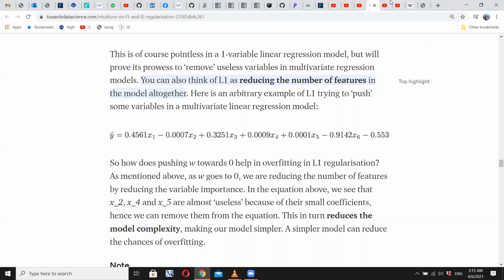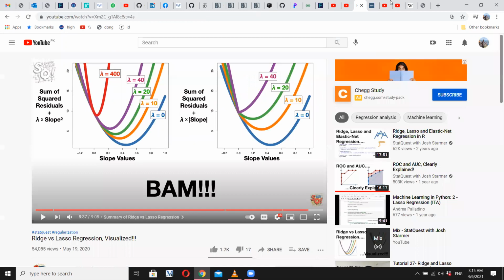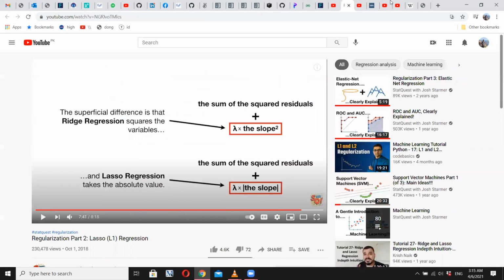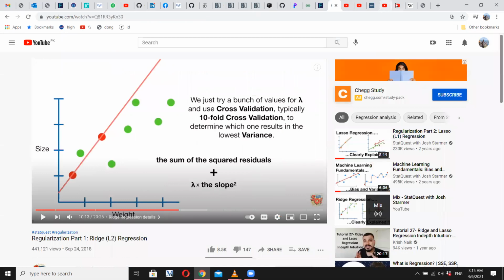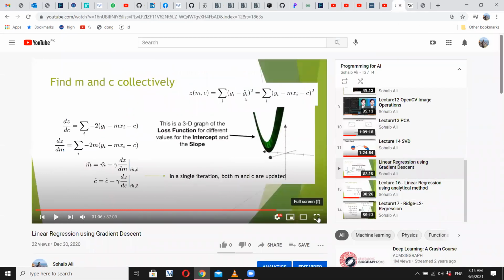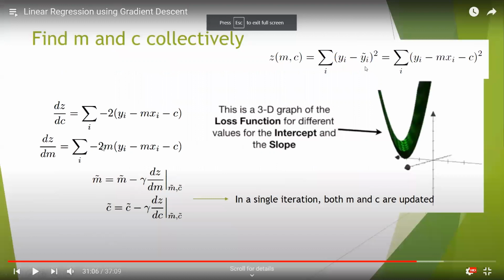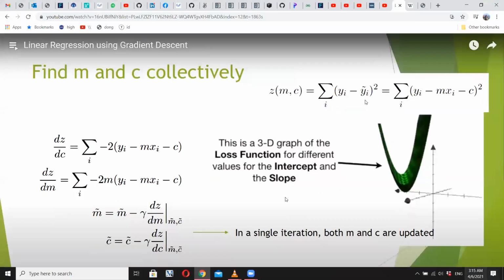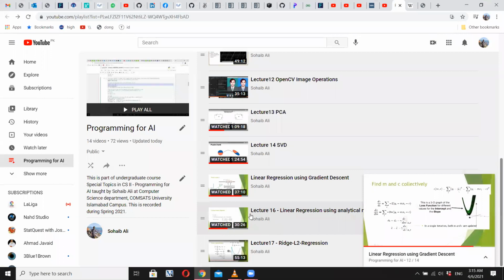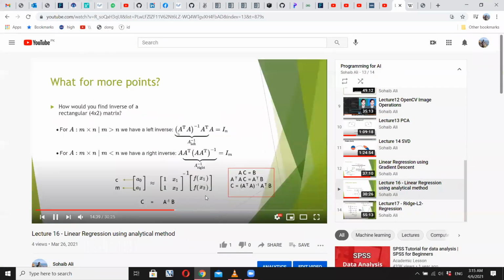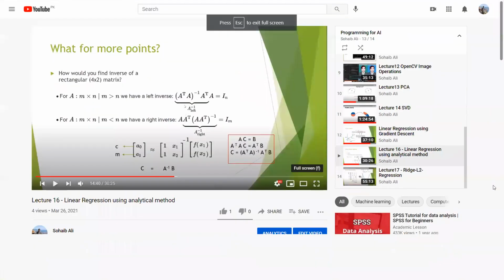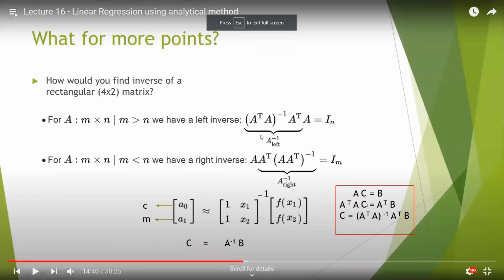Now there is one thing that still remains. We saw that we have a closed form solution of linear regression, and we also discussed an approximate solution of linear regression.